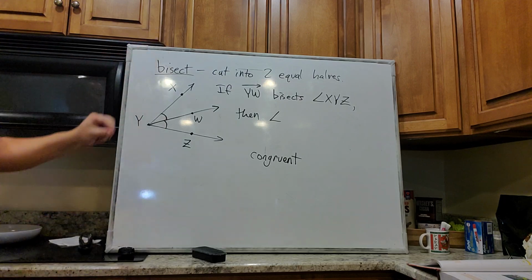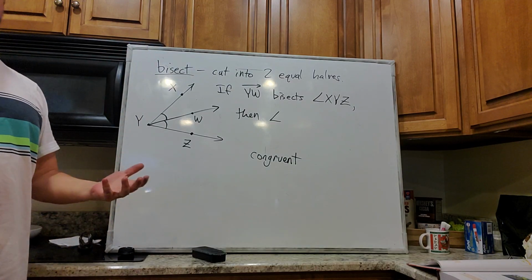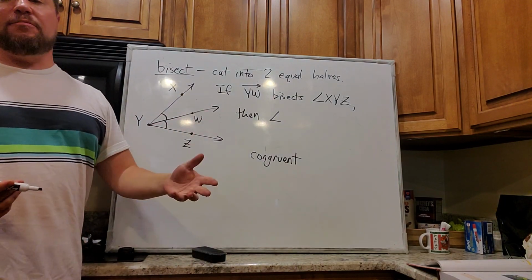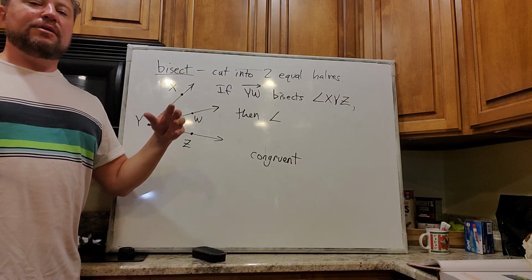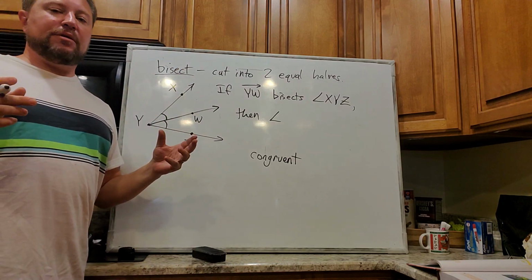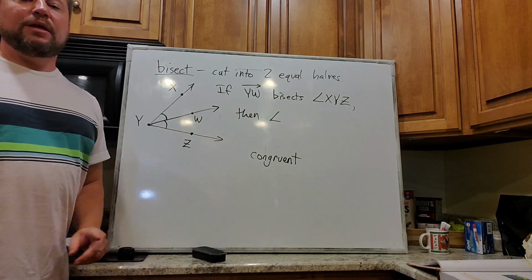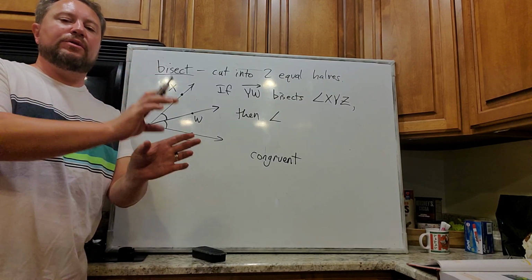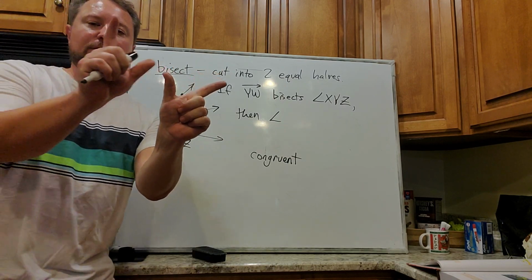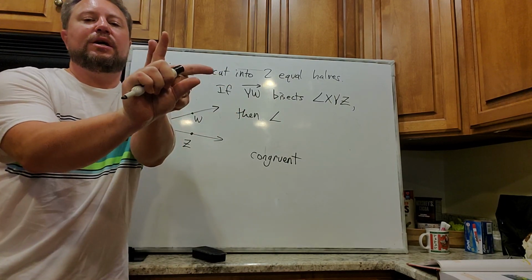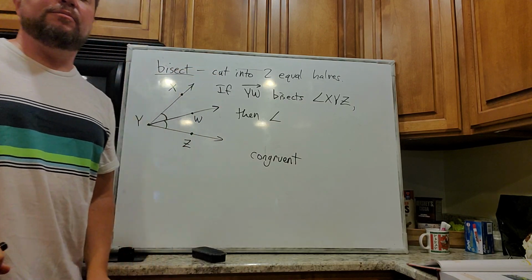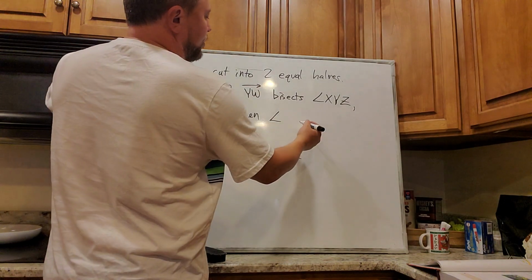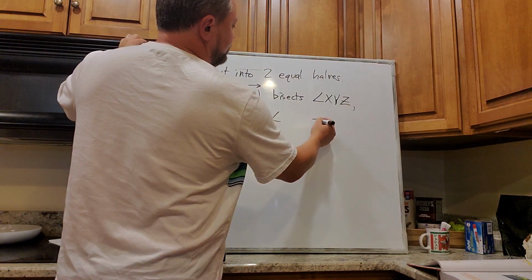If you ever see that term congruent, that's just a fancy way of saying that whatever object I'm talking about, whether it be angles, segments, rays, lines, planes, whatever, if I say they're congruent, that means they are physically identical, so that if you took one right over top of the other, if I had an angle here and an angle here, if I put them on top of each other, they're going to match up perfectly and be the same measurement, or congruent. And the symbol for congruent looks like this.